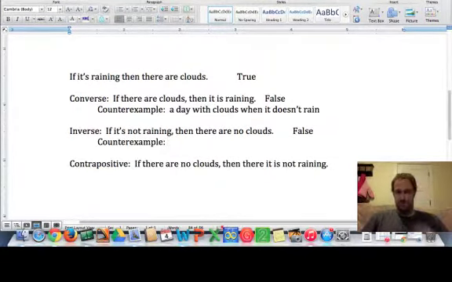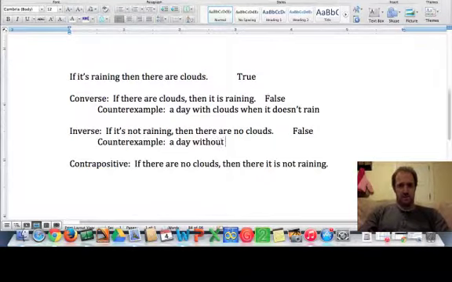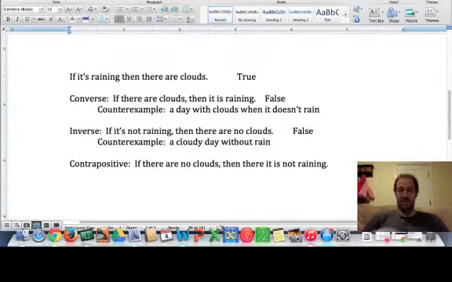Can we have no rain and clouds? Of course we can. So a cloudy day without rain. It's very similar to what we had as the counterexample for the last one.